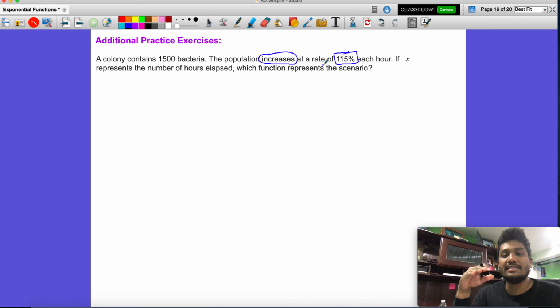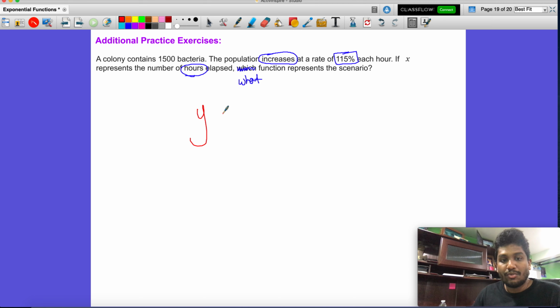It's not saying that it's increasing by 10%. They're saying no, it increases at a rate. So they're already giving us the rate, 115% each hour. So x represents the number of hours. There again, x is time, right? Which now this says which function. I should have actually said what function represents the scenario, or write a function to represent the scenario.